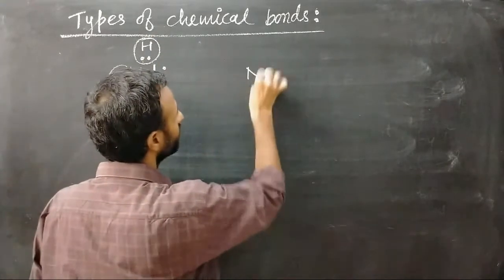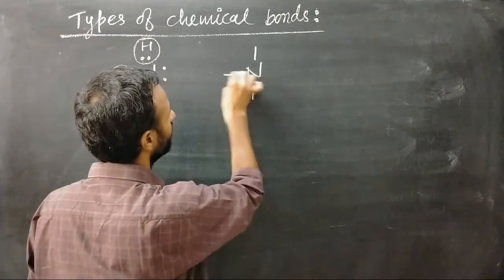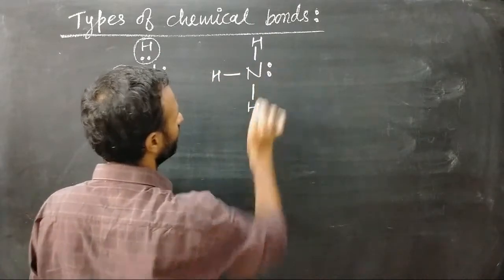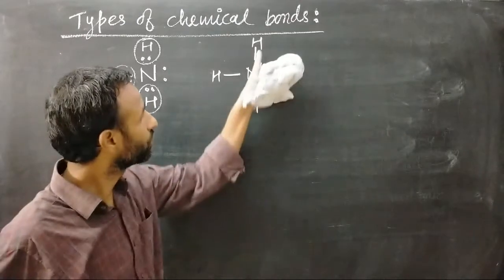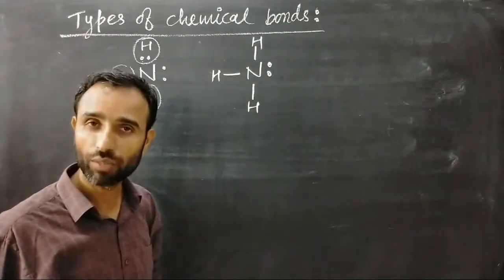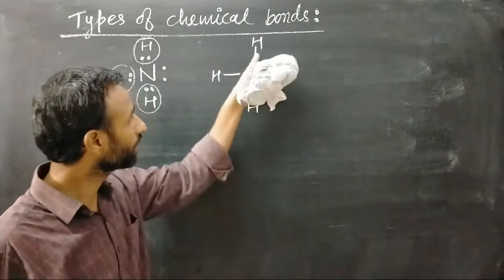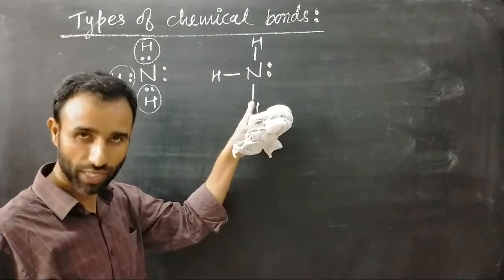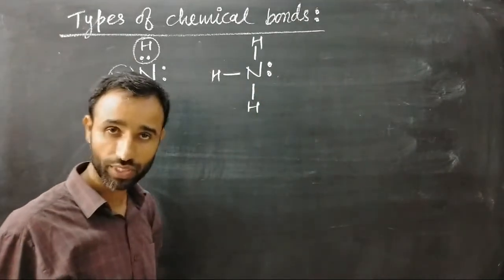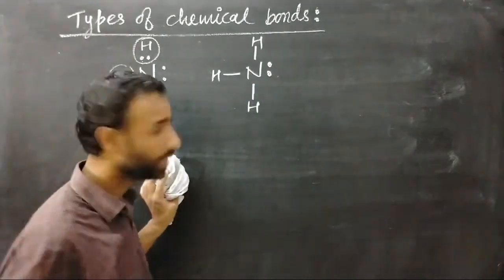This is the structure. It has 3 shared pairs and 1 unshared pair. This is also called lone pair.